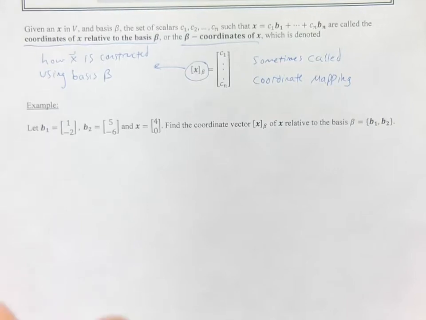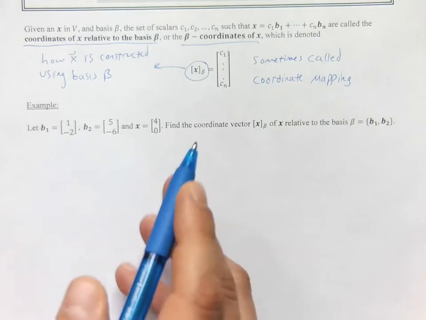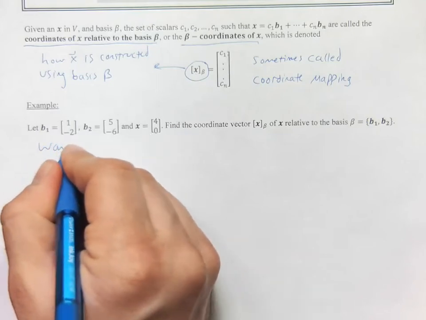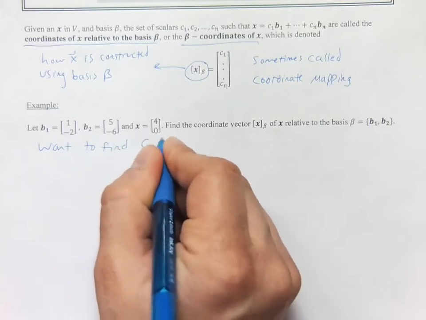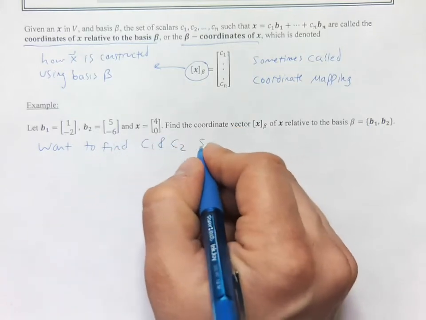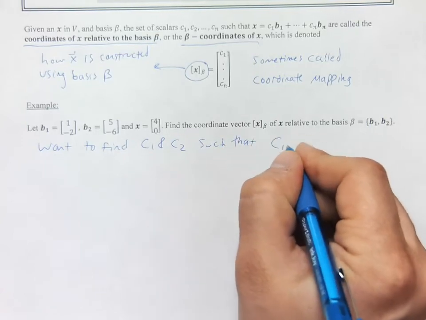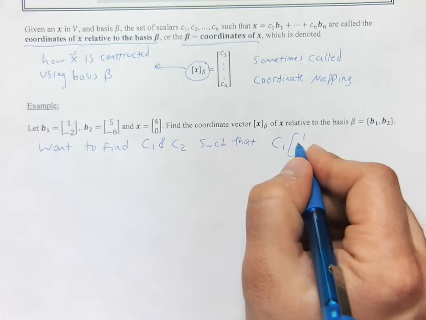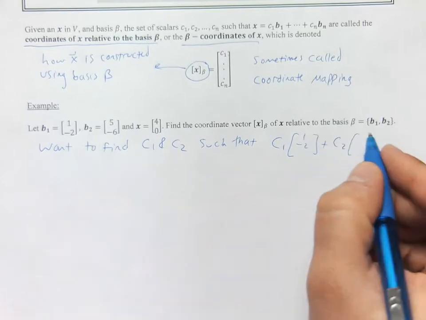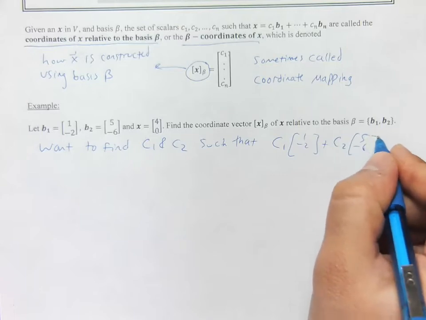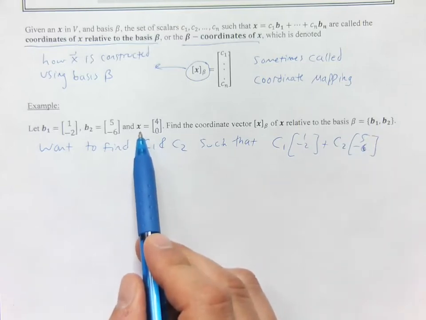The idea here is we want to find the linear combination of b1 and b2 that equals x. We want to find some c1 and c2 such that c1 times the first vector, 1, negative 2, plus c2 times the second vector, 5, negative 6, equals the vector we're trying to construct, x, which is 4, 0.